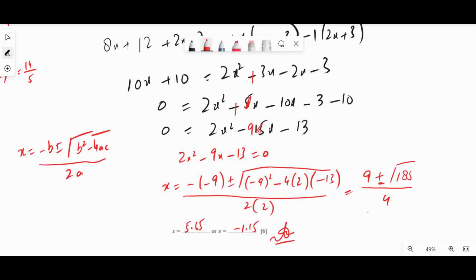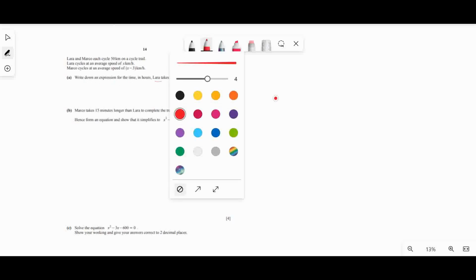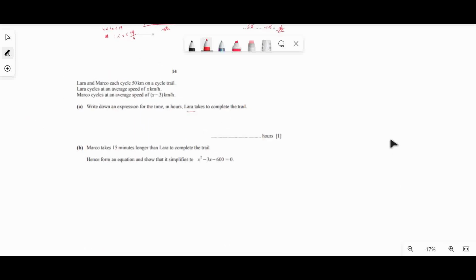Let's move to the next question. This will be the last question. Now in this question they said that Lara and Marco each cycle 50 km on a cycle trail. Lara cycles at an average speed of x, Marco cycles at an average speed of this. Now we need to find out the expression for Lara's values.